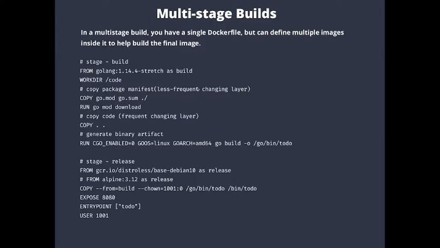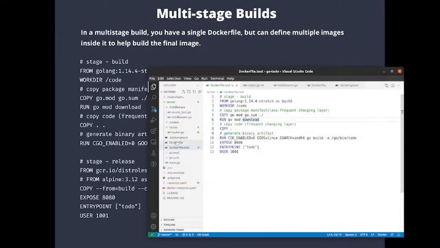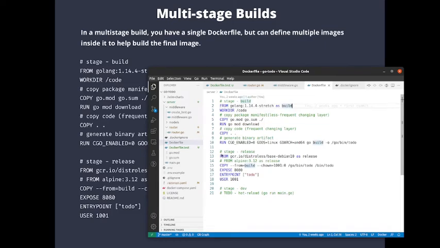Okay, so let me go to the code and show you. So we can see on line number 2 and line number 13 we're utilizing two different base images here. Okay, so why is that so? Because let's say for the build stage, where we're building our executable files, we require all the packages or dependencies there.